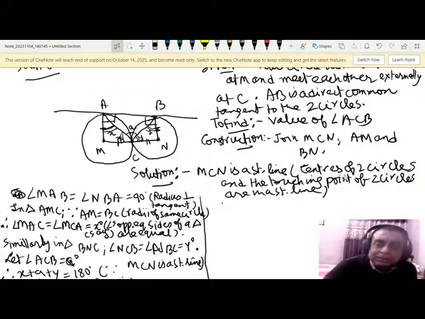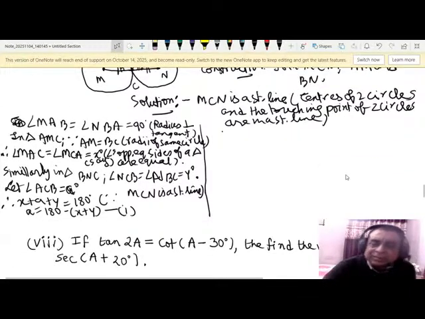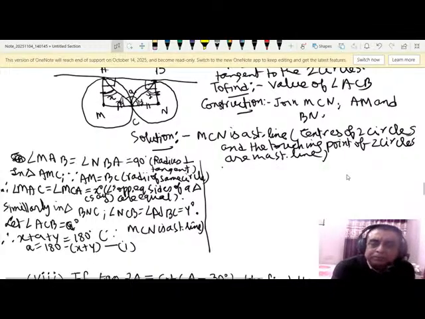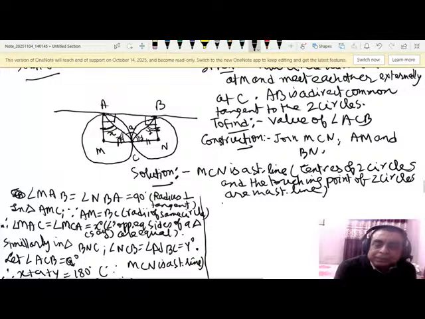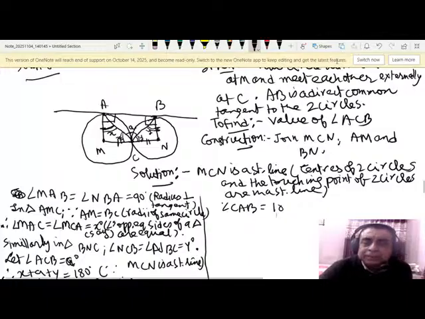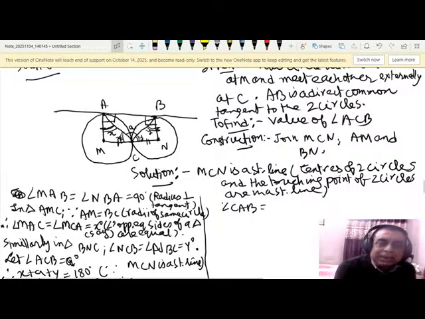Angle CAB will be 90 degrees minus angle MAC, which is 90 degrees minus x.